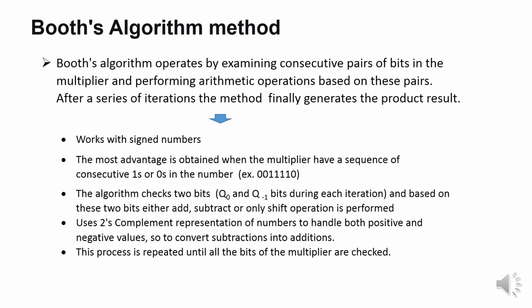This process is repeated until all the bits of the multiplier are checked. In this video, through examples, we will understand how Booth's algorithm works and how, using it, we can reduce the execution time, making it faster and hardware efficient compared with the previous methods.